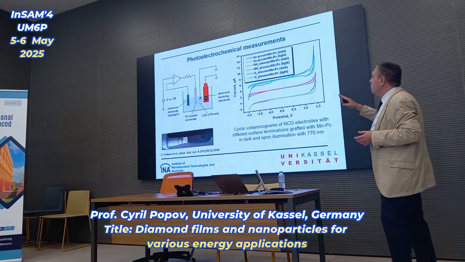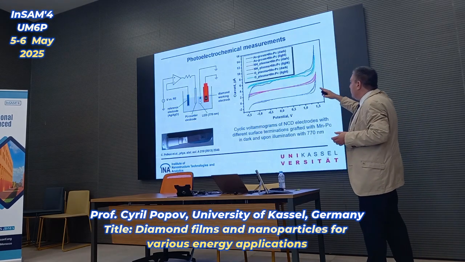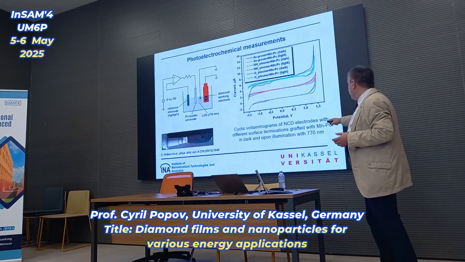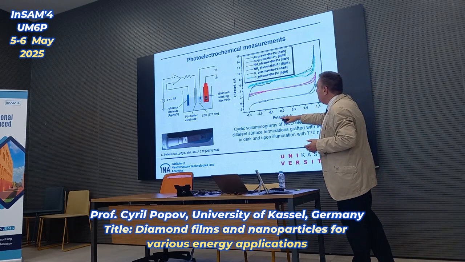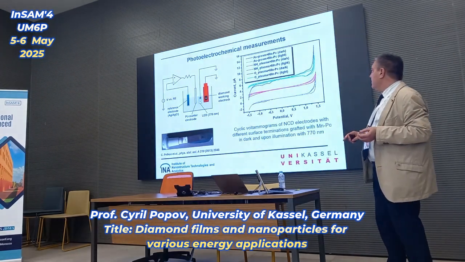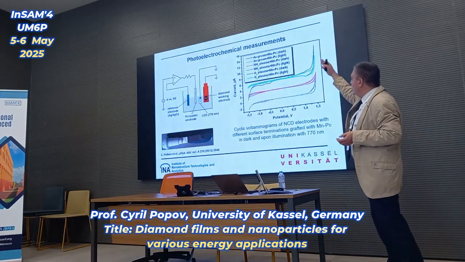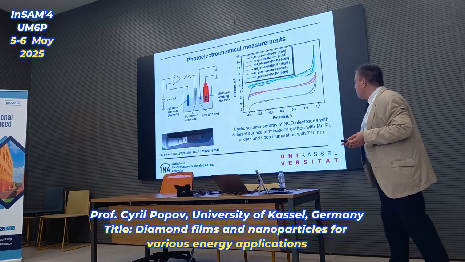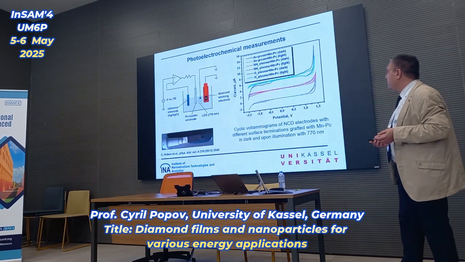So here you can see, for example, cyclic voltammograms of electrodes. In this case, with manganese, tungsten, in darkness, but also upon illumination with light, 770 nanometers. You see after different modifications how the cyclic voltammograms were looking like.